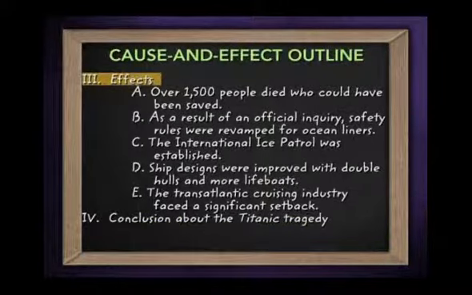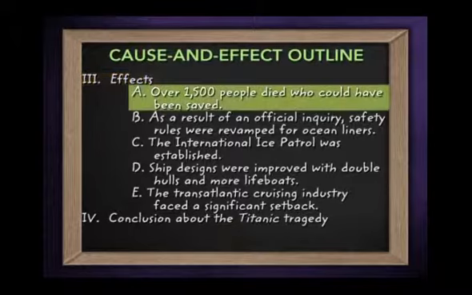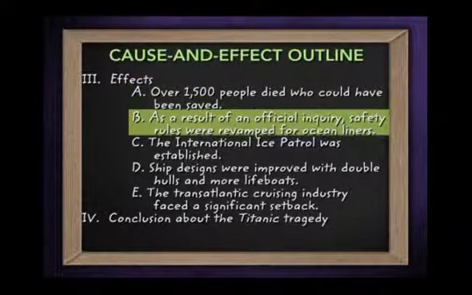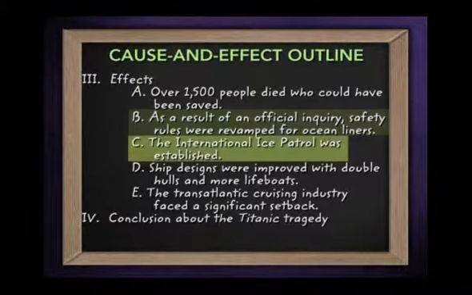Now, what were the effects of this tragedy? Well, A, over 1,500 people died who could have been saved. I put that first because I thought that was the most important effect of this tragedy. B, as a result of an official inquiry, safety rules were revamped for ocean liners.